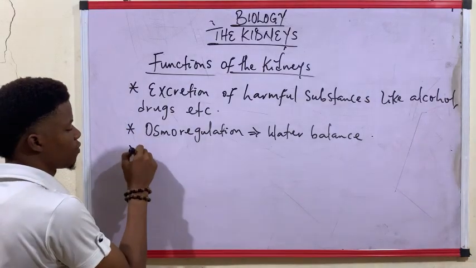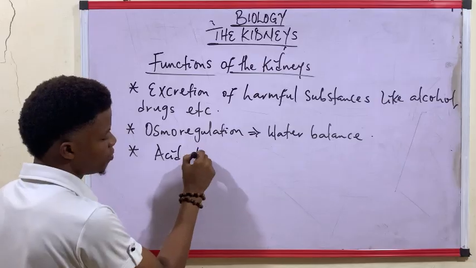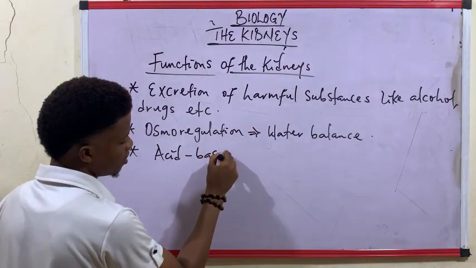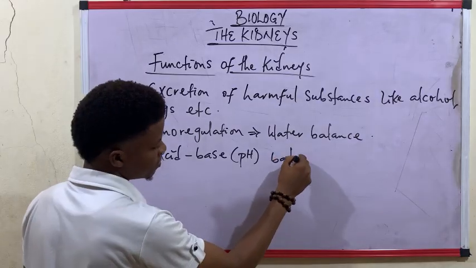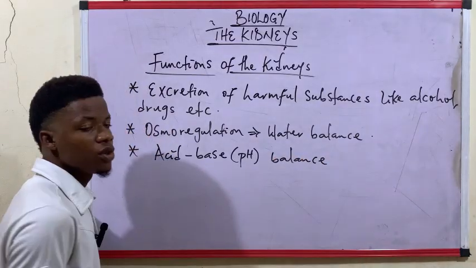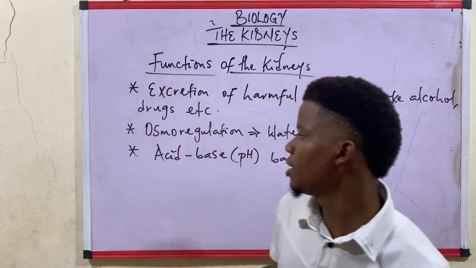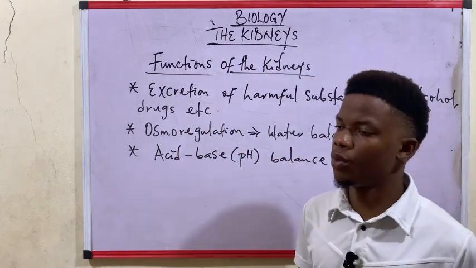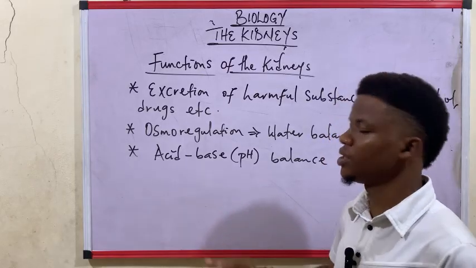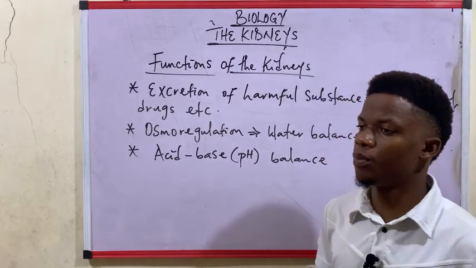Then another function of the kidney is acid-base balance, or pH balance. The kidney helps to maintain the pH of the blood, right? That's the acid-base balance. So it helps to keep the pH of the blood constant.